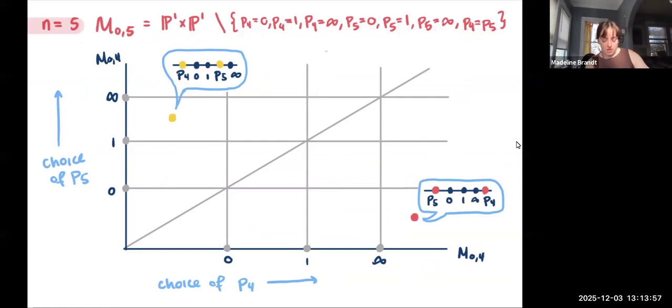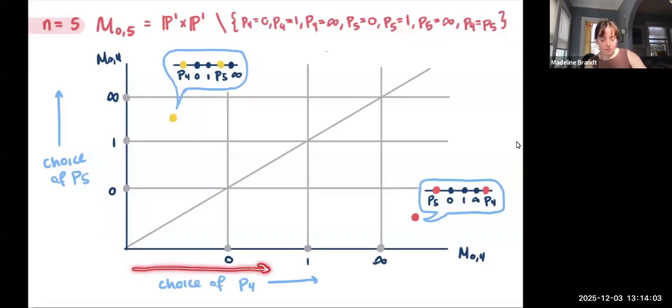So how the space looks is we have a P1 times P1, where along one axis I have my choice of what P4 should be, and the other axis has the choice of P5. And then there's all these gray lines depicting the illegal hyperplanes where I cannot select those 2 points.